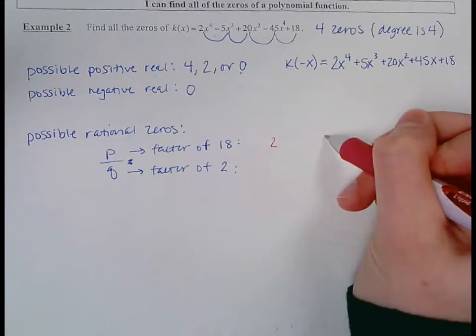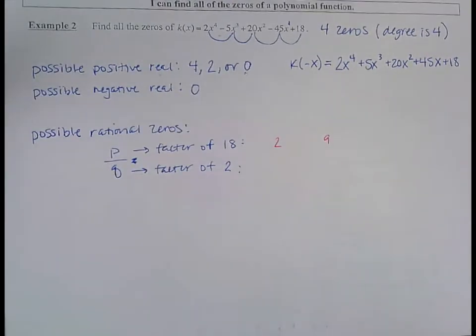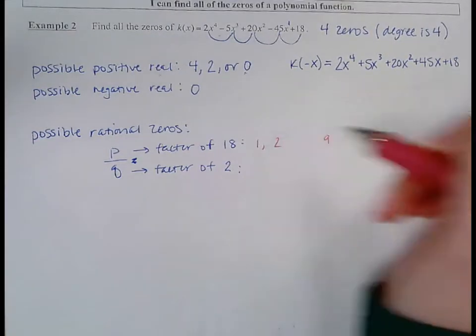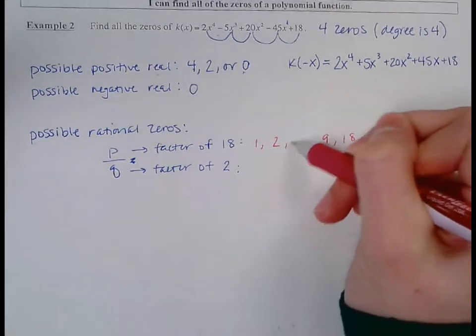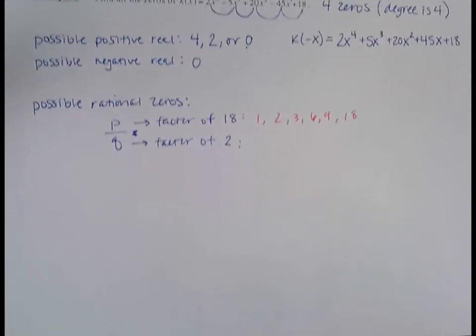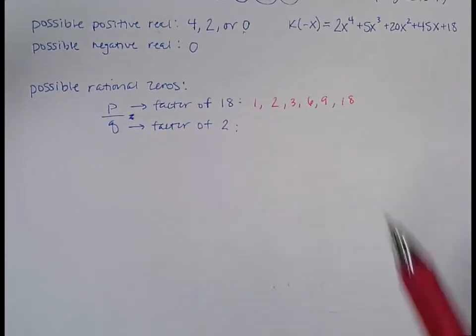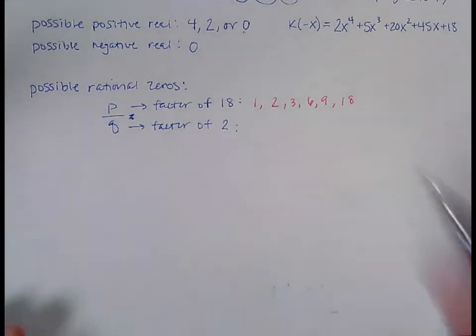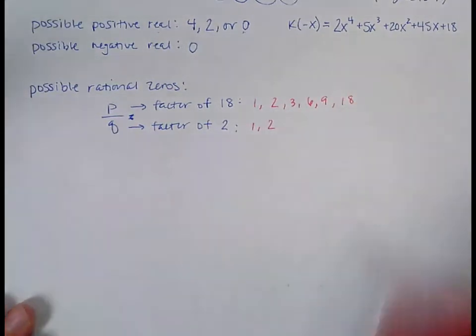I'm going to try to write these in order. So 2 times 9 is 18. 1 times 18. And then, 3 times 6. So 1, 2, 3, 6, 9, 18. Again, if you don't have them in numerical order, that's fine. Just me personally, I try to write them that way. But if you don't have it that way, it's okay. And then factors of 2 are just 1 and 2.